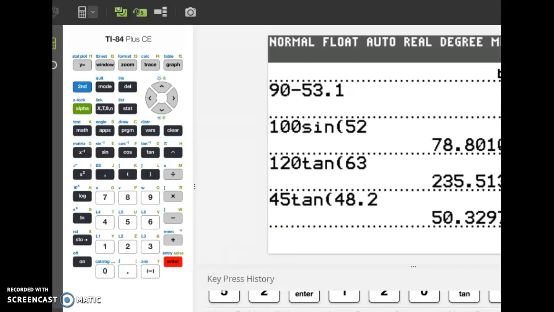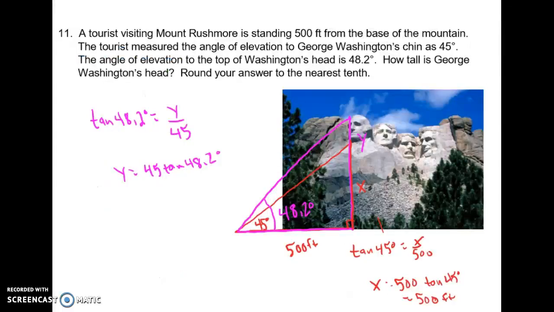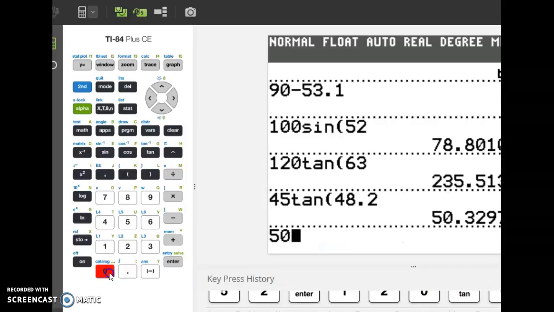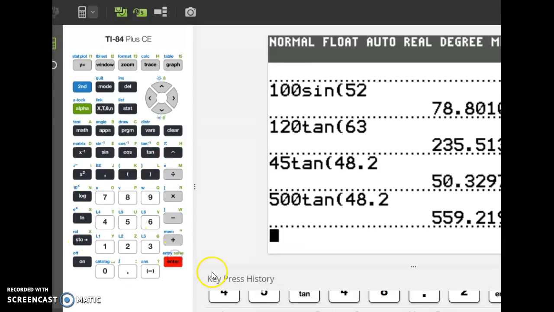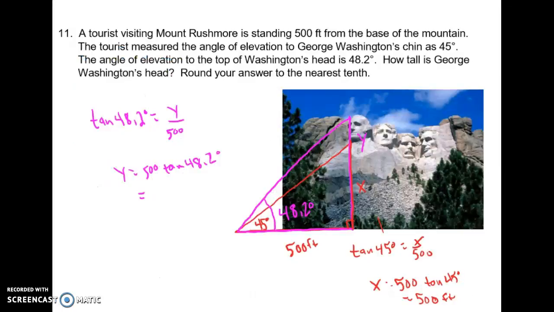Oh wait, I'm sorry, I don't know why I put 45. That should be 500. It's going to make a significant difference. All right, let's try the 500 tangent of 48.2. That's better. 559.2 feet.